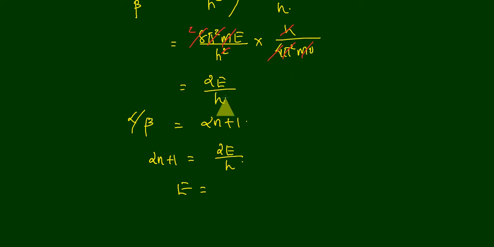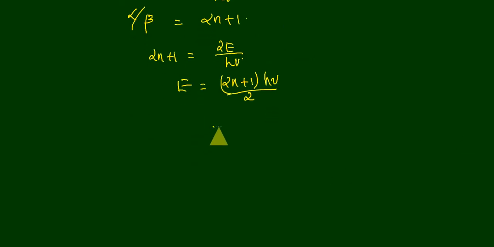Sorry, I forgot to put this nu here. So 2E divided by h nu. So the expression for E is 2n plus 1 into h nu divided by 2, right? So we can write it like E is equal to (n plus half) into h nu.